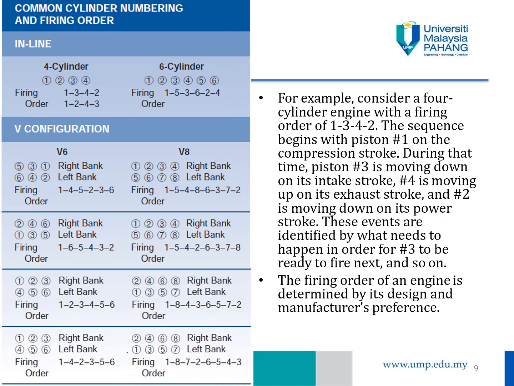So if you look at here, normal four-cylinder engine, it is 1342. If you have a V6, it is 145236, and so on. Okay, so they have to be like this so that the stability of the engine is not compromised.